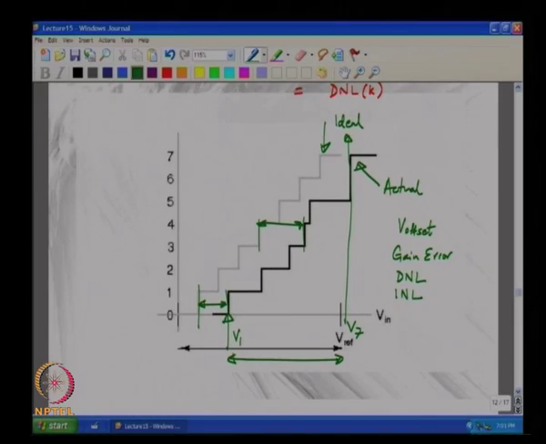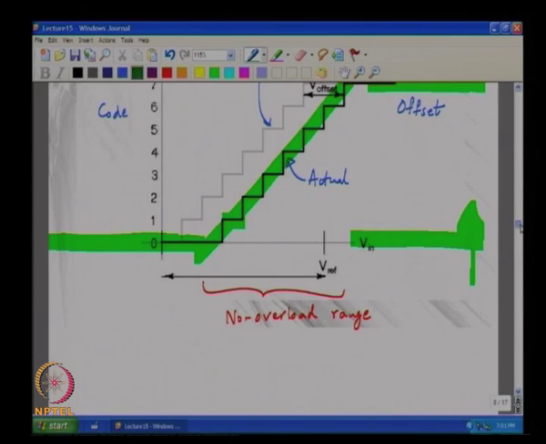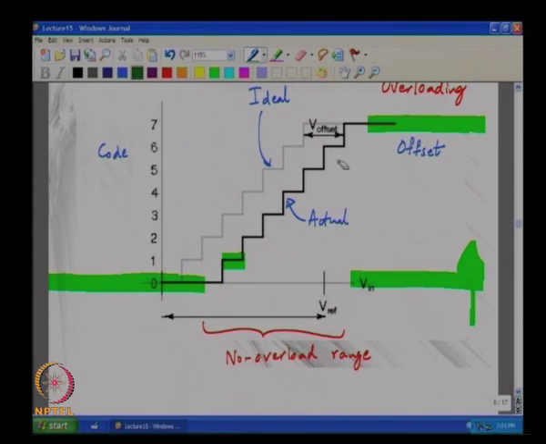But this still does not solve the problem of offset. Even if my staircase was perfect, the ideal transition point is here and the actual transition point is here.